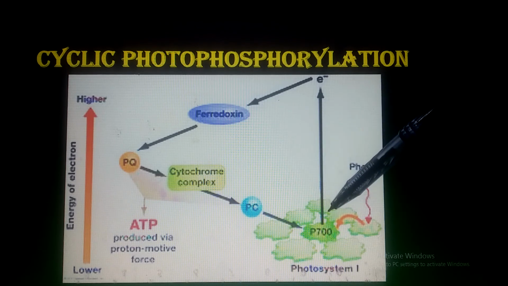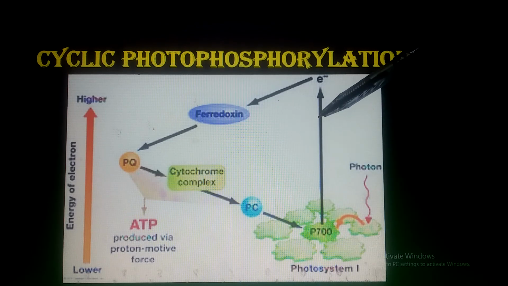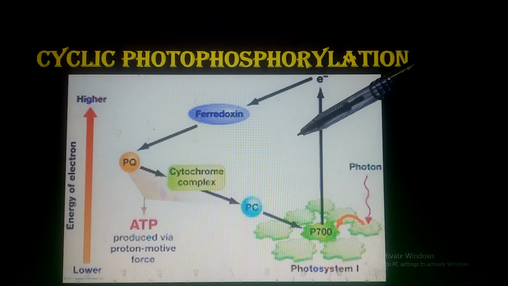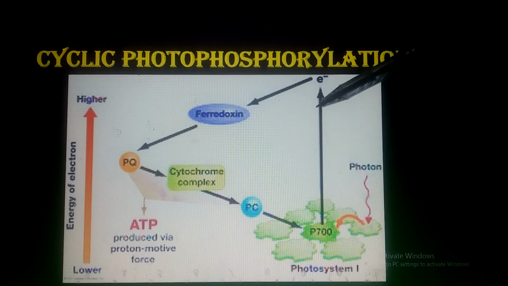Now what will happen in the case of cyclic photophosphorylation? No NADPH is produced. So in the non-cyclic case, more energy molecules are produced, but this cyclic photophosphorylation produces a lesser amount of energy. Now I will show you how.